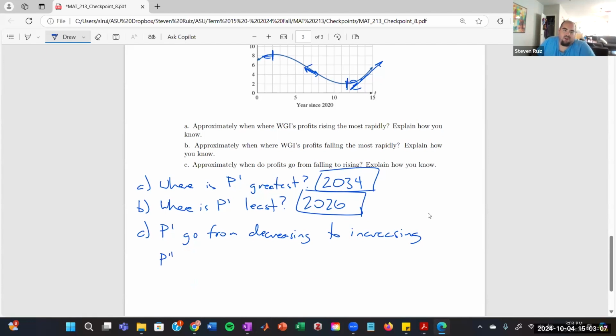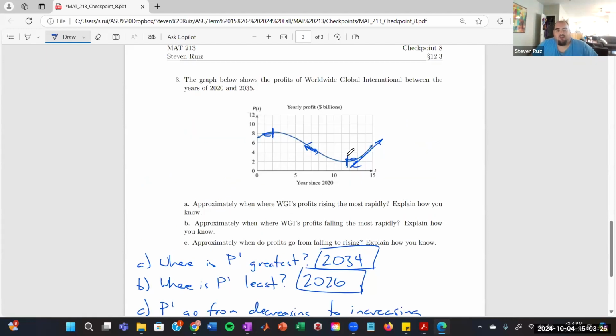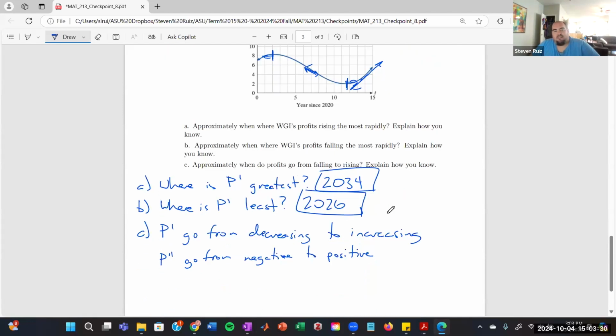Where does P double prime go from negative to positive? So in putting this in the language of calculus, we're looking for an inflection point. So where does our function look like it goes from concave down to concave up? For me, I think that's also happening at 2026.